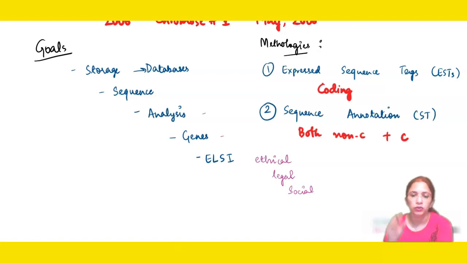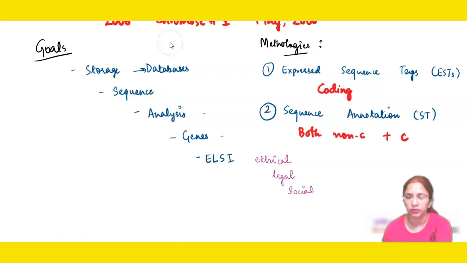Okay, so it was already known that a certain part of the hereditary material is coding and a certain part of it is non-coding. In EST, only the coding part of the genetic material was sequenced, whereas in the sequence annotation, the non-coding and the coding parts of the genetic material were sequenced.